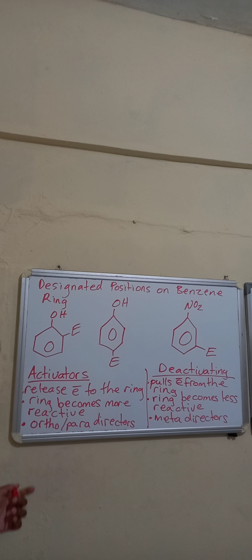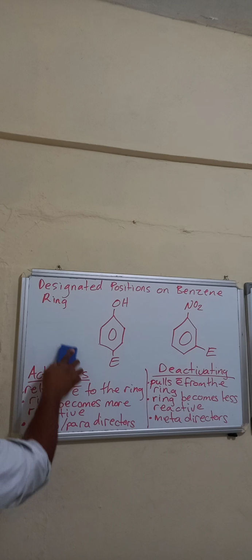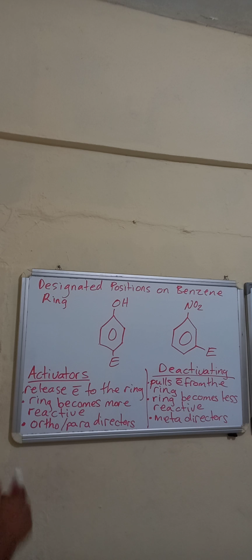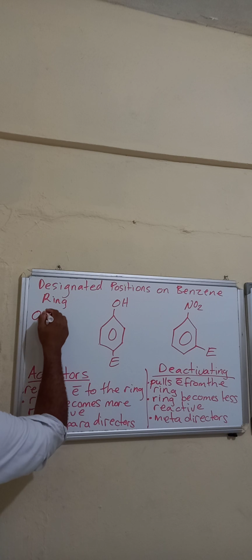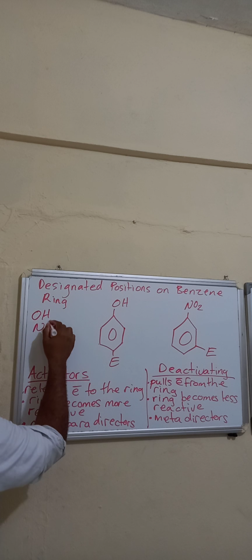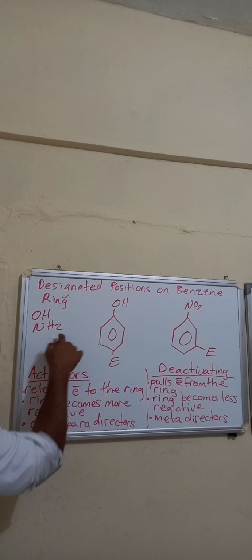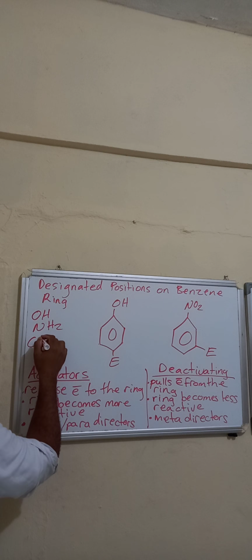So the most common activating groups would be, let me erase this, any alkyl group. So we know the OH group, any group with the NH2 and any alkyl group.